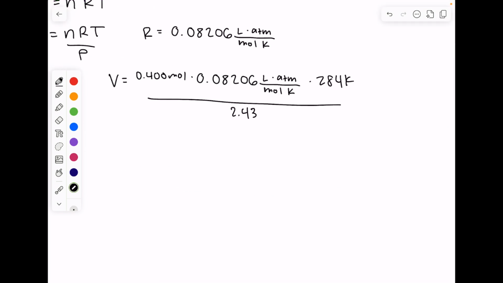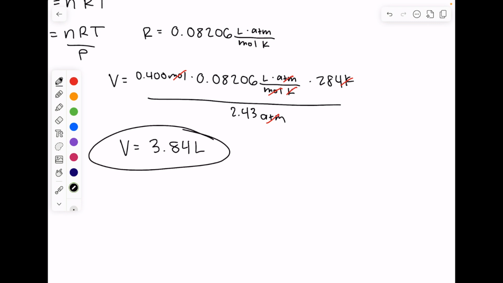So let's go ahead and cancel out our units. So this mole is going to cancel there, Kelvin's going to cancel there. Oh, I forgot to write atm, but it's going to cancel there. And that will leave us with liters, which is the correct unit for volume. And so if we plug that into the calculator, that's going to give us 3.84 liters as our volume in this given situation.